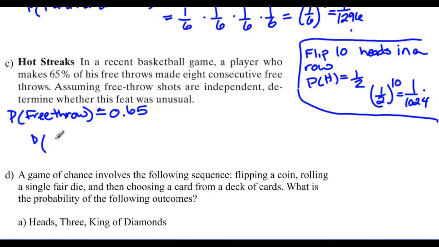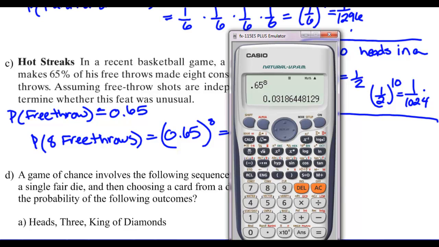So the probability of 8 free throws is going to be 0.65 to the 8th power. And we'll go out to the 4th decimal, so that's going to be 0.0319.